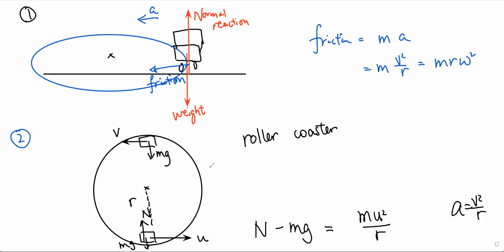Do you think that if the speed at the highest point is 0, then the roller coaster will fall? I think I should show you how the track in a roller coaster looks like.